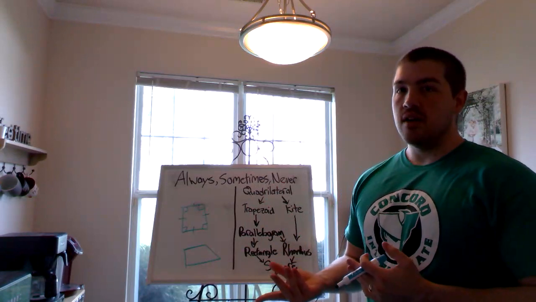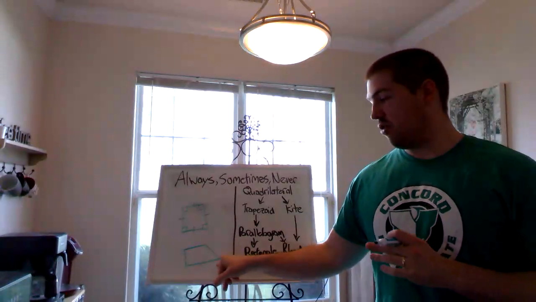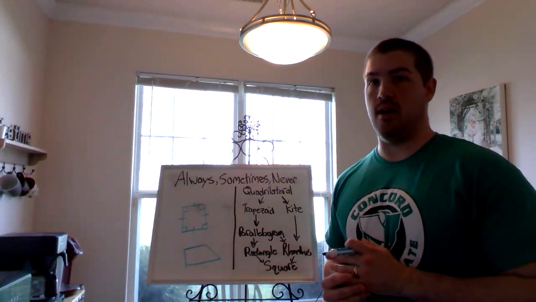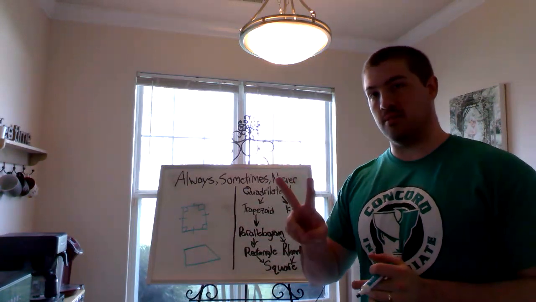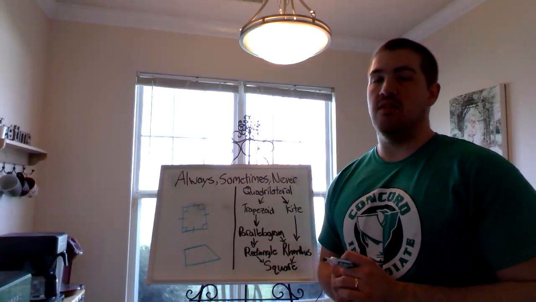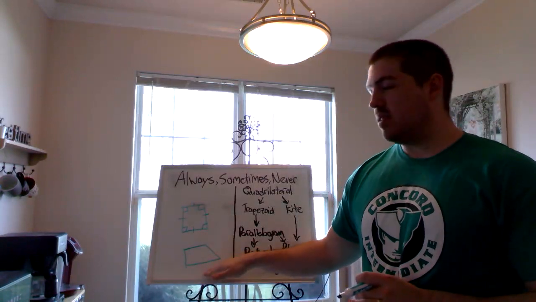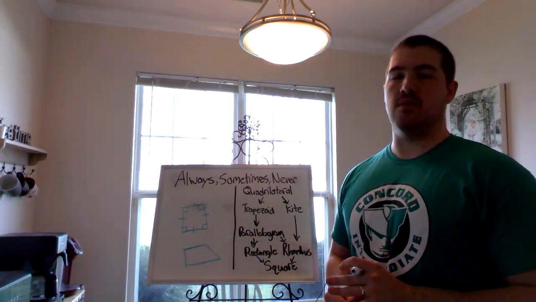So never. A square can never be a trapezoid. All right, but some trapezoids can be a square. That's what we have to recognize: some trapezoids will have 2 pairs of parallel sides and 4 right angles and sides of equal length. So sometimes a trapezoid can be a square, but a square can never be a trapezoid.